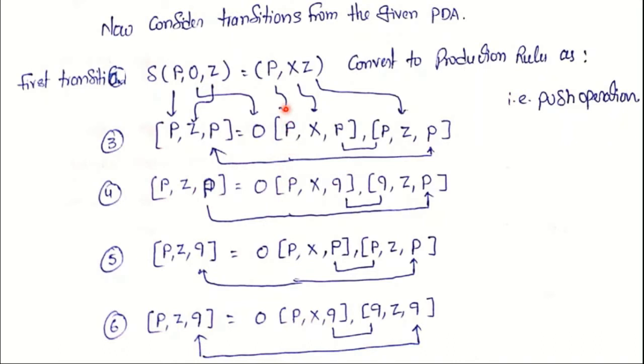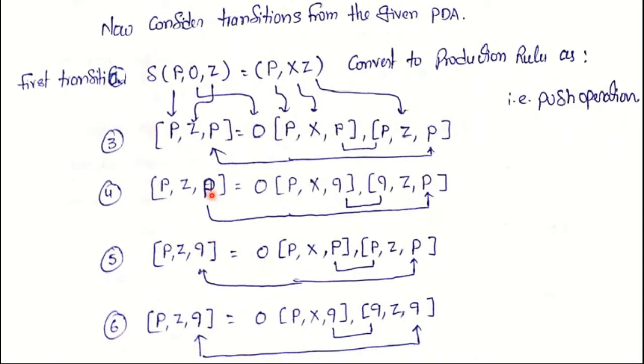Here this state is fixed for all 4 production rules, and currently the top of the stack is x, and now we assume the next state as q. Current state p, top of the stack x, and the next state we assume q. Then we read the next top of the stack from the same state q, and top of the stack is z, and then go to the next state p.